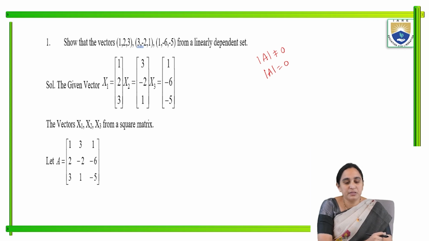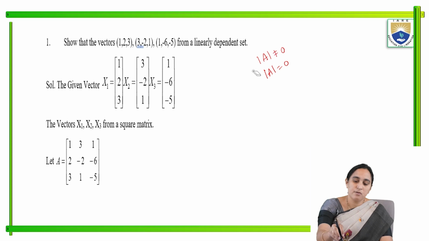Okay, I will start with the first question. Show that the vectors (1, 2, 3), (3, -2, 1), (1, -6, -5) form a linearly dependent set. We have to show that the given vectors are linearly dependent. For that, first we have to arrange the given vectors as column-wise matrix.